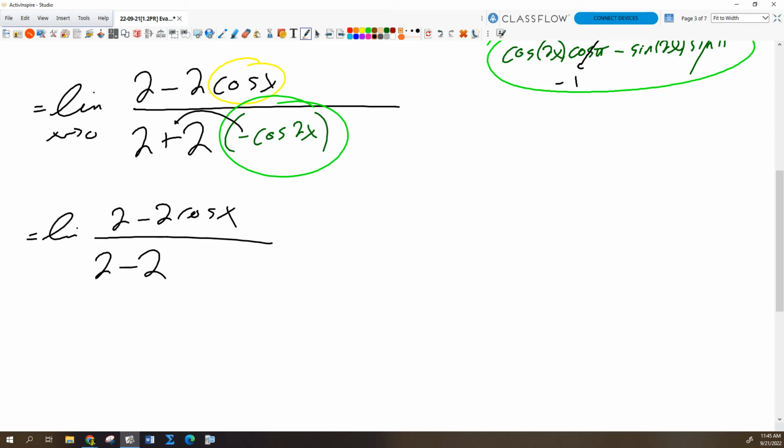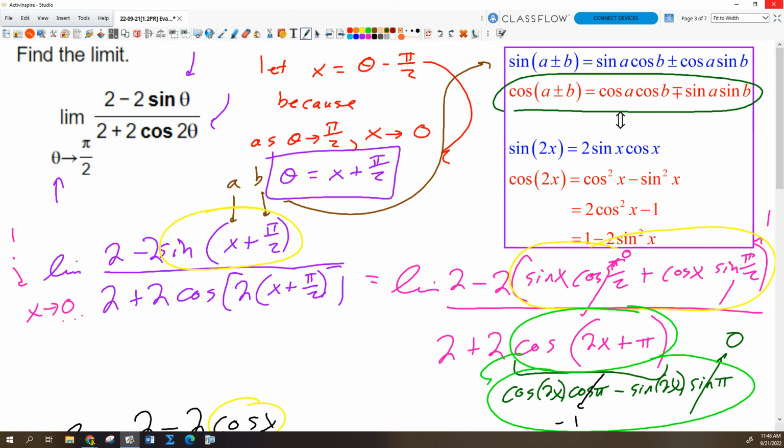We'll take that 2 out front. And then that stuff inside just becomes cosine squared x minus sine squared x, which we could write as 2 cosine squared x minus 1. I'll show you how I got that. That's just taking this guy and rewriting it like that, changing this to 1 minus cosine squared. Okay, and making that substitution. I used this guy right here.